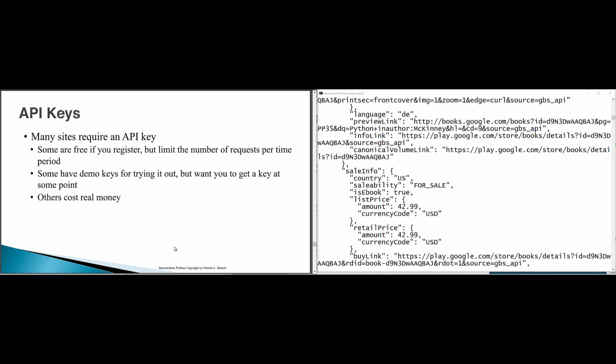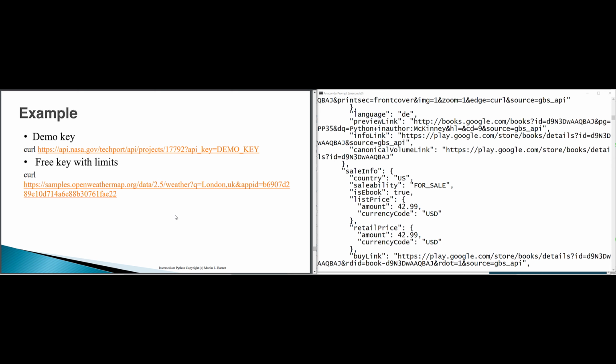Okay. Many sites, even if they're free, do require you to get an API key. So when you go to a site and you discover that you need a key, you'll just have to request a key, and then you'll have to provide that key when you try to access the website.